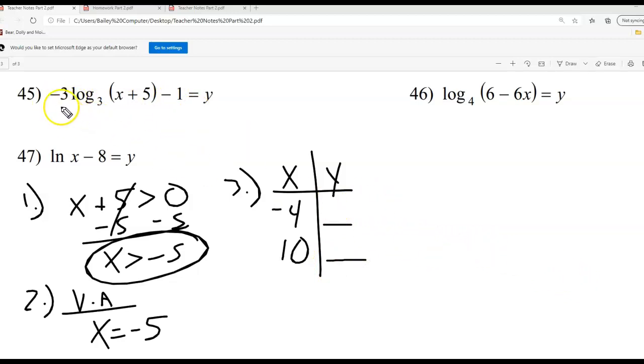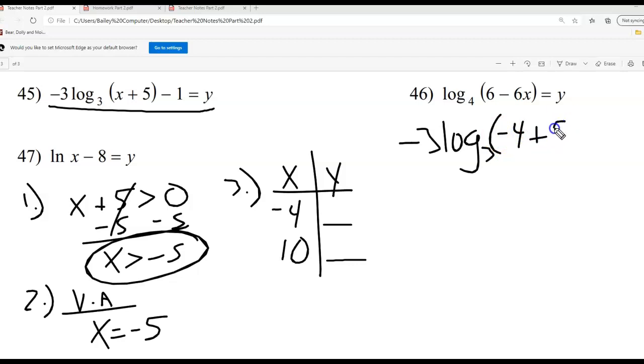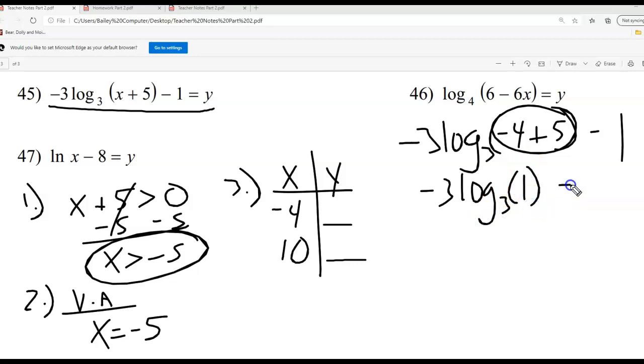So let's take this and let's go ahead and plug in the first one there. -3 log base 3 of (-4 plus 5) minus 1. So following our order of operations, of course, you simplify the inside of the parentheses first. Now this is a really cool situation.